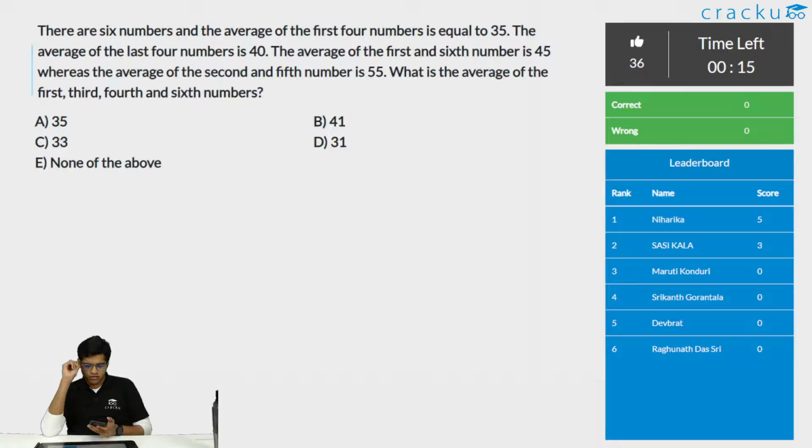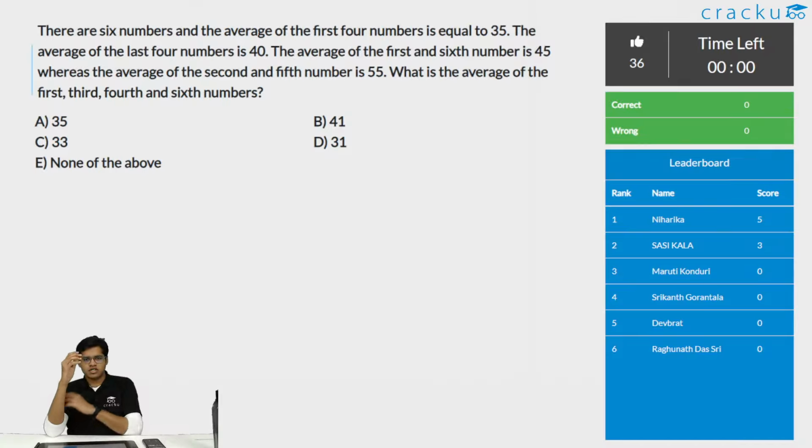Second thing is, when you're giving a mock, in DILR the most important thing is your order of attempt. Because in DILR, it is very important to know which sets you have to do and which sets you have to leave. It is not possible for anyone to solve all the sets. In a normal scenario, if 5 sets are given, the ideal case is that you solve at least 3 sets with full accuracy.